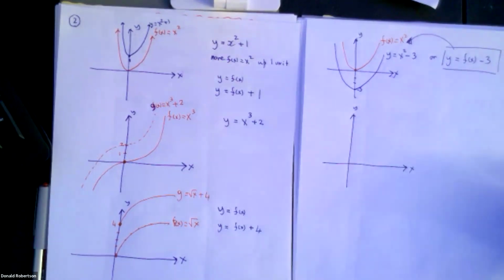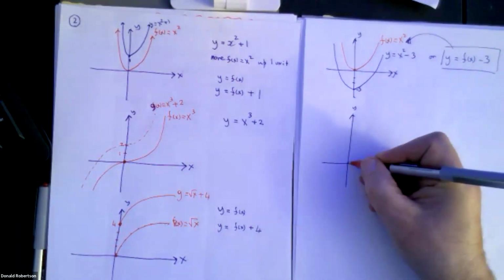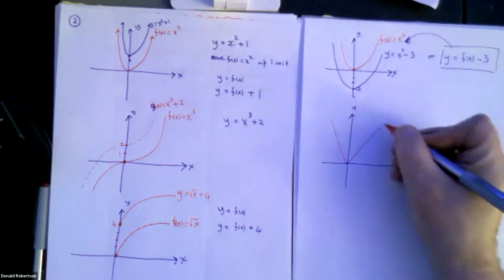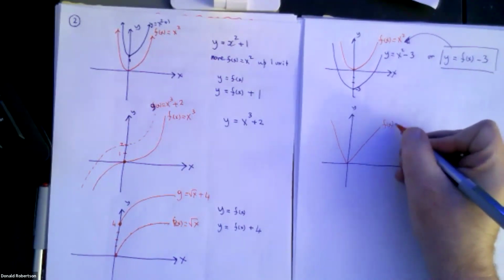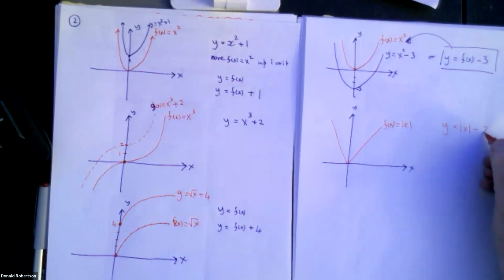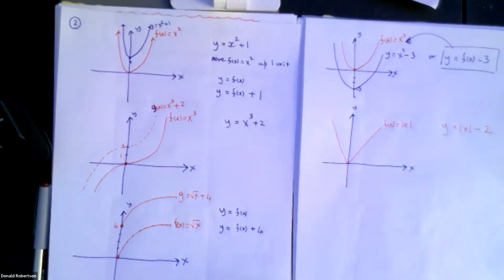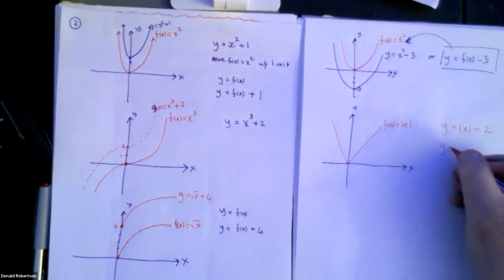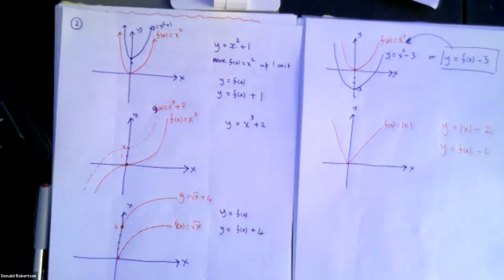So suppose I have the absolute value as my building block. So there's my original function, absolute value of x. And let's suppose I have a new function, and it's going to be the absolute value of x take away 2. Could also have written this as f of x take away 2.